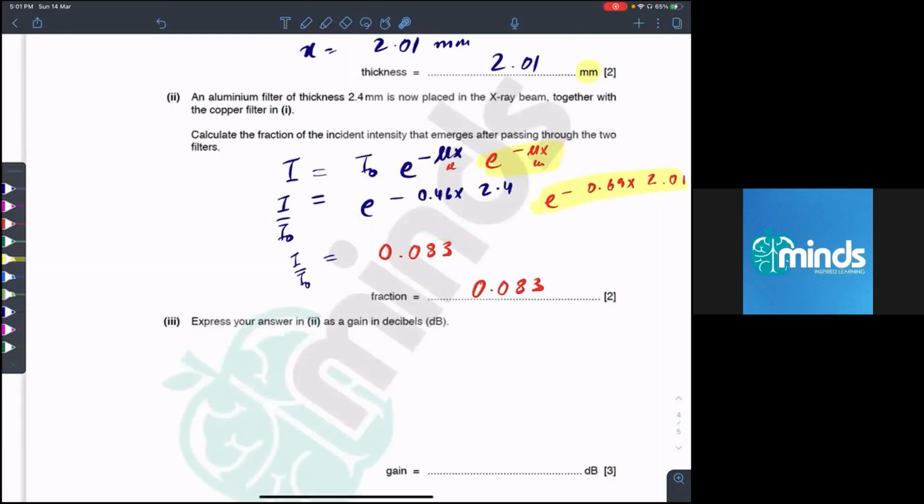You can verify. Let's just calculate this value and tell what we are getting. 0.33. And if I multiply 0.33 with 0.25, yes, sir, we're getting the same answer.